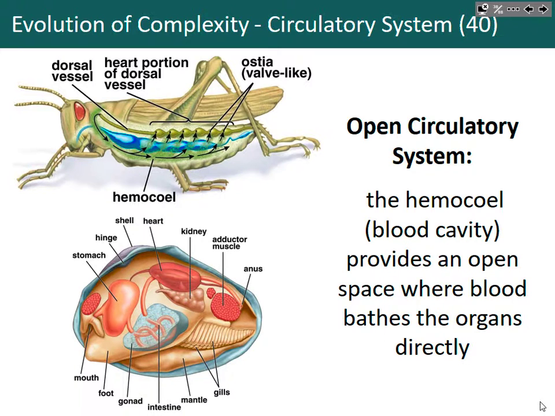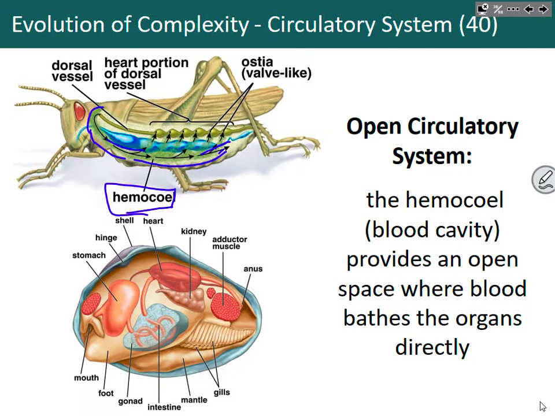So if you look in the body of our grasshopper here, this space here that is filled with unregulated green fluid down here at the bottom is known as the hemocoel. And that word hemo refers to blood and coel refers to cavity or space, right? So this is the blood cavity.